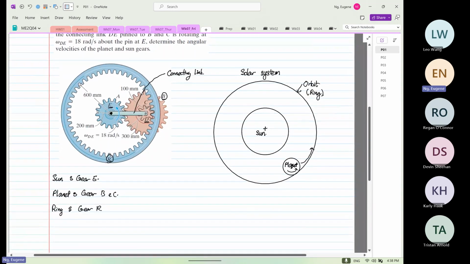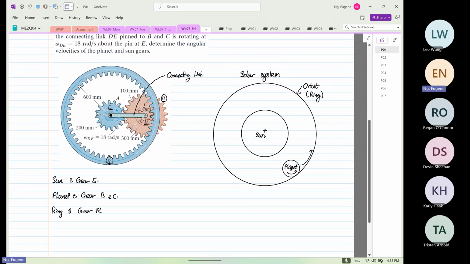We need to determine omega A and our omega B. And note that omega B is also equal to omega C. So that's what we know.